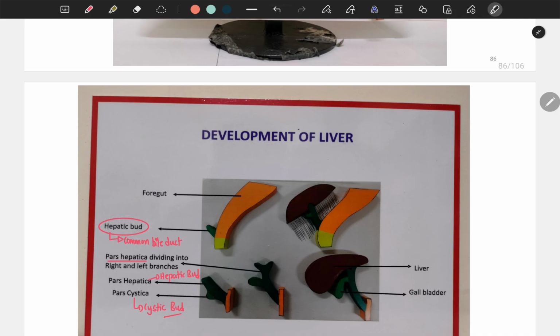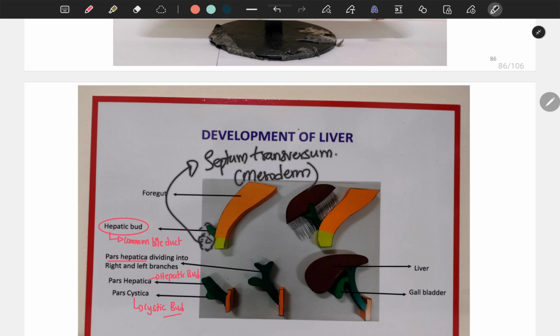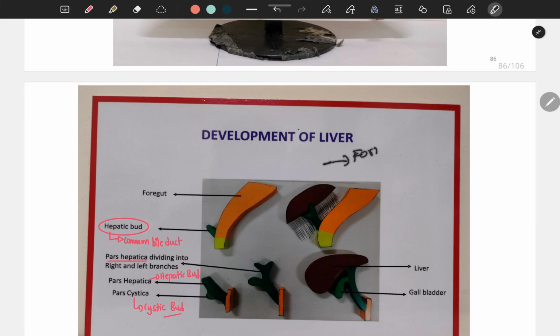Now, surrounding this hepatic bud is the septum transversum, which is mesodermal in derivation, and forms connective tissue capsule, sinusoids of liver, and Kupffer cells.